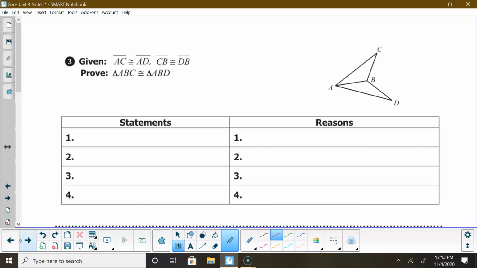Alright, so for this one, first 2 lines are pretty easy, right? Just my givens. So AC is congruent to AD.